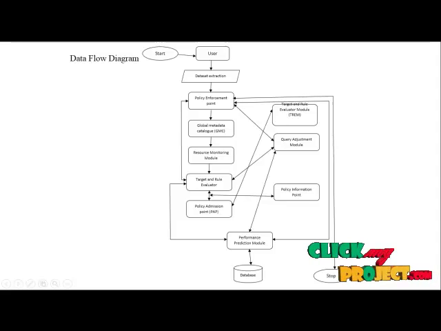The target and rule evaluator is responsible for sending the queries to the policy information point and the policy administration point, the PAP and PIP, which process the information based on the user's query. Then after the query is processed, it goes to the performance prediction model.